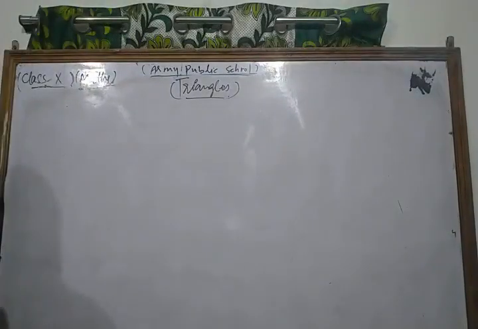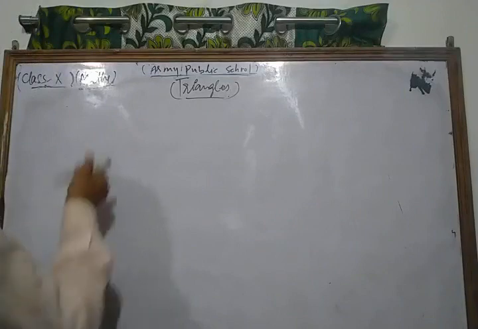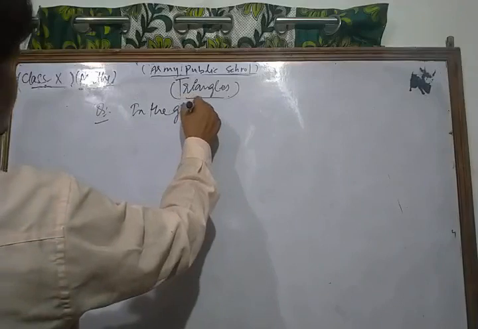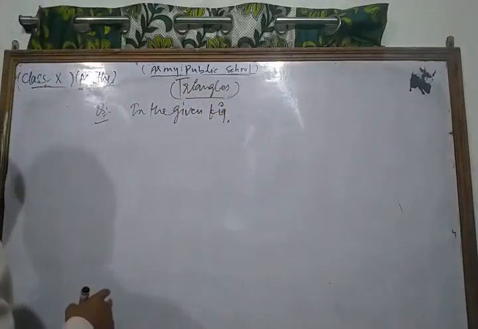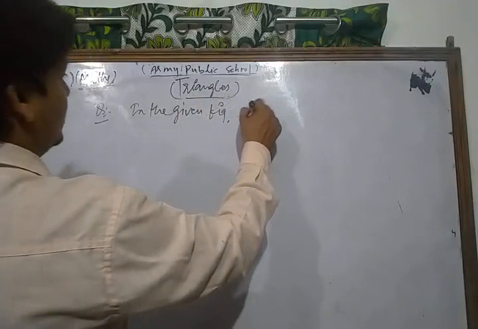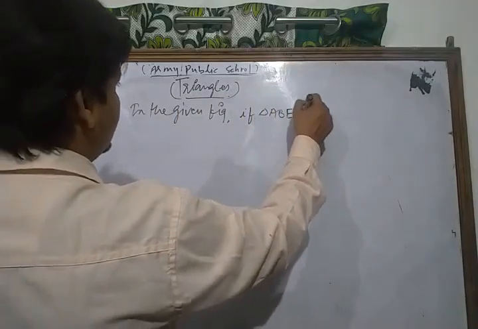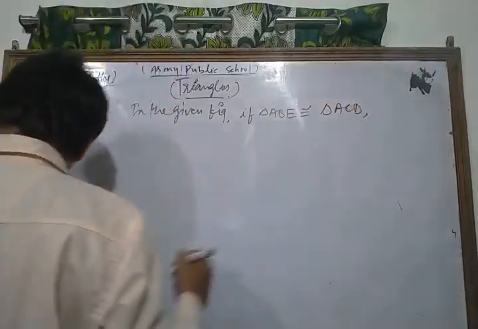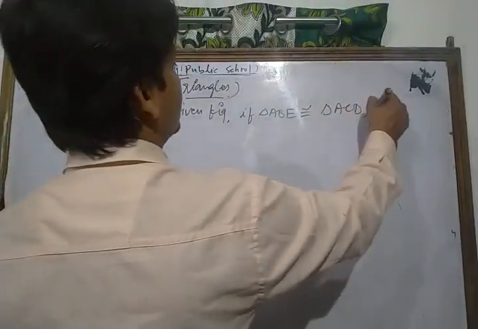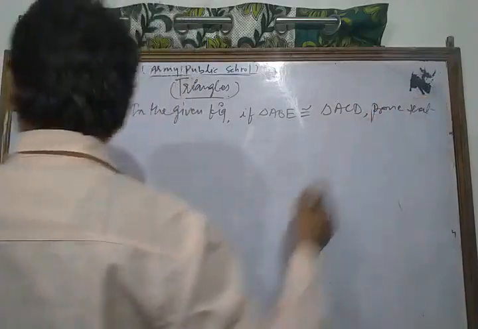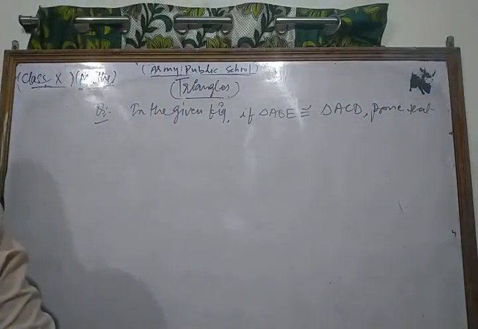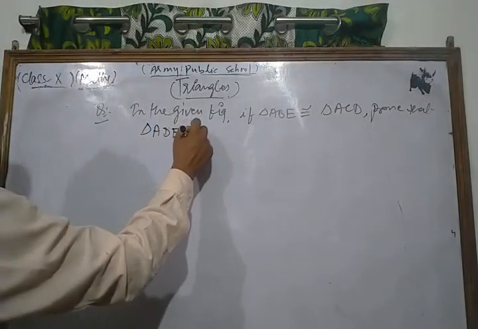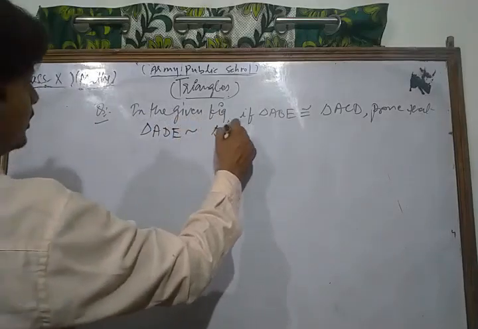Now here we take and solve some important question of your NCERT exercise, and your question is: in the given figure, if triangle ABE is congruent to triangle ACD, prove that triangle ADE is similar to triangle ABC.